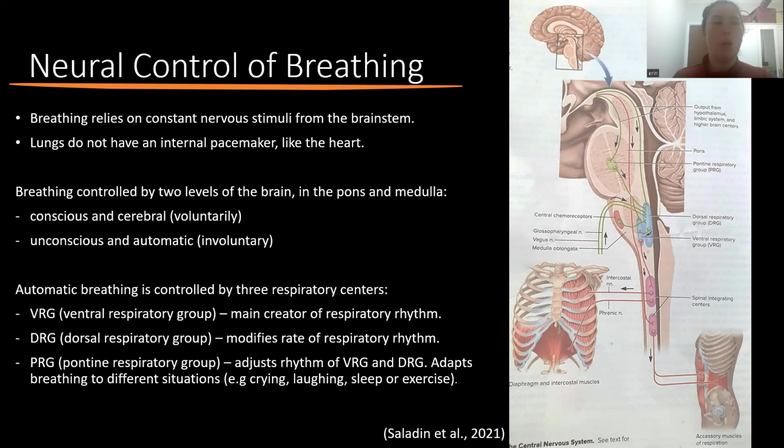When we modify our breathing rate, the dorsal respiratory group comes into play and sends signals to the ventral respiratory group to modify the rhythm. And lastly, for different emotional responses, the pontine respiratory group will act on both respiratory centers in the medulla, and this allows us to adapt our breathing when we laugh or when we cry or when we're sleeping.